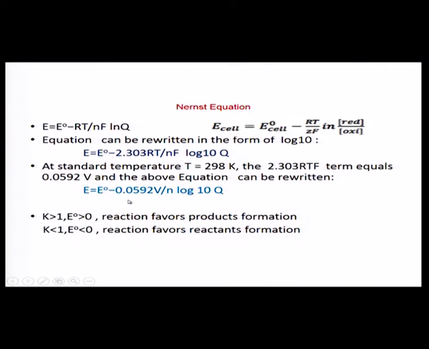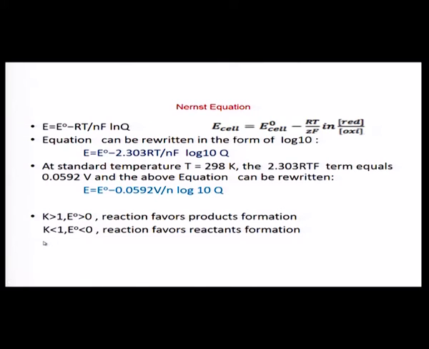Ultimately, the cell potential is equivalent to the standard electrode potential minus 0.0592 volt divided by n, the number of electrons involved, which may be 1, 2 or 3 electron transfer, times log10 Q, that is the quotient.